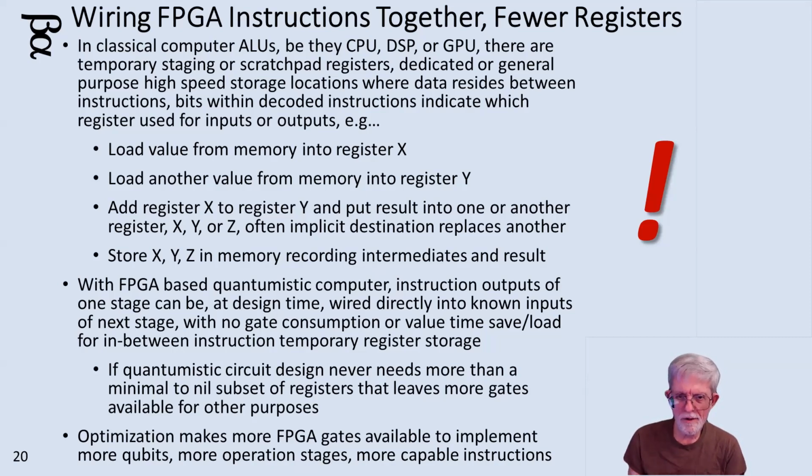I have to, at one point during the processing of that add, have an internal register that I'm overlaying the value in. By hardwiring all these things together specifically for my purpose, I don't have to do that anymore. And that saves gates.